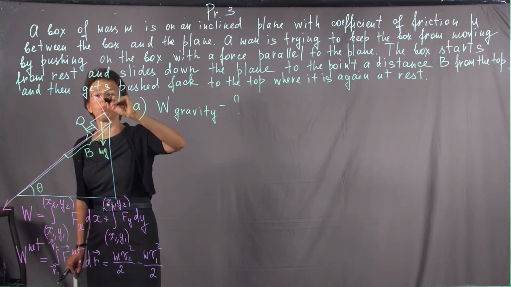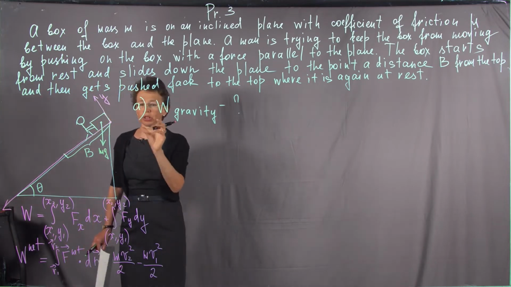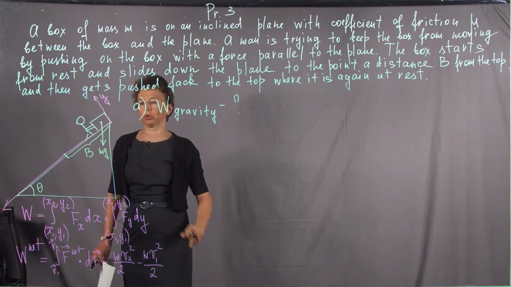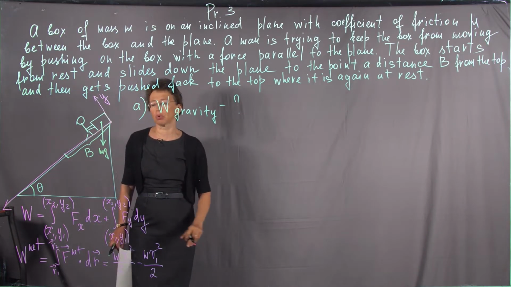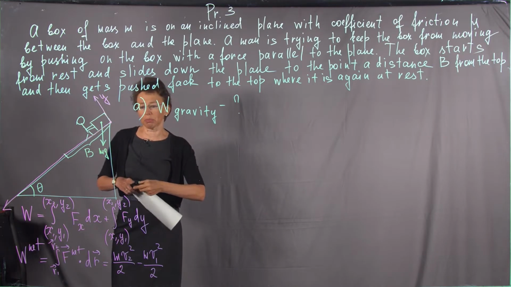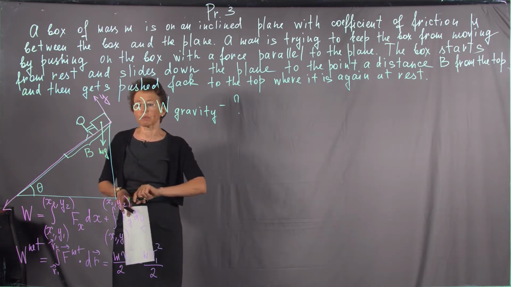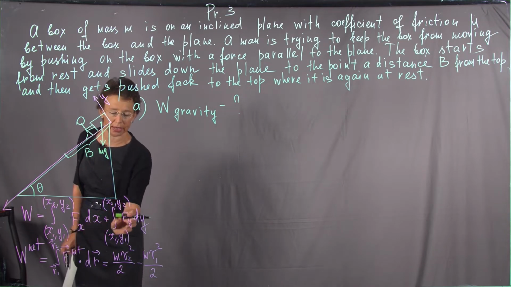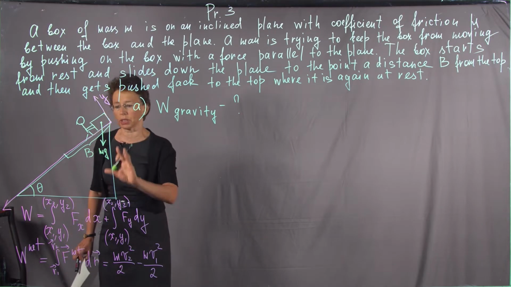It's important to understand that work done by force does not depend on your choice of coordinate system. So whatever you choose, you have to get the same work done by this or that force. So this will be my coordinate system because I have here Fx dx, Fy dy.